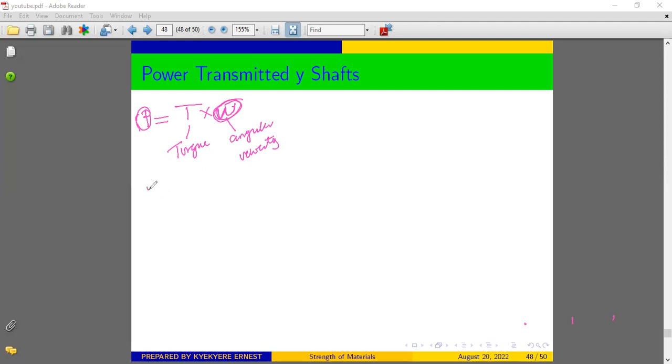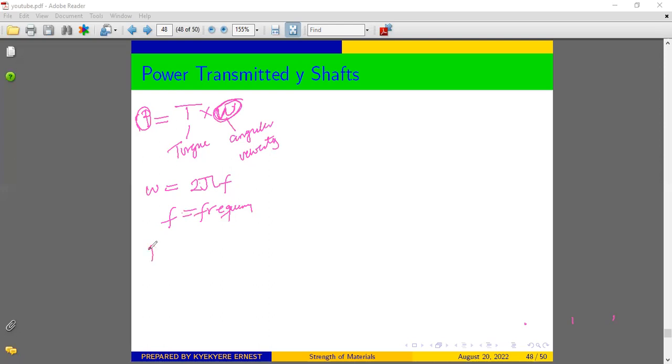And from here, angular velocity can be written in terms of the frequency of rotation, or the number of revolutions per second, which is equal to 2 pi f. And f is the frequency, which is how many times the shaft is rotating per second.